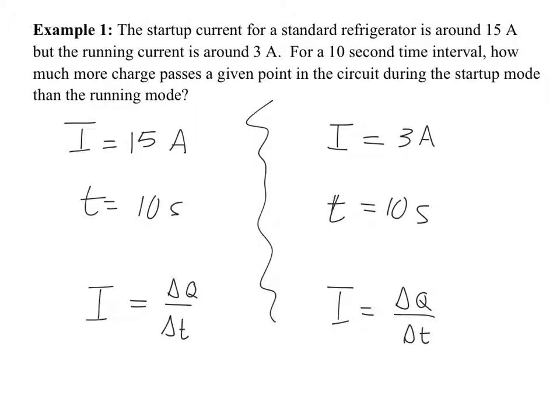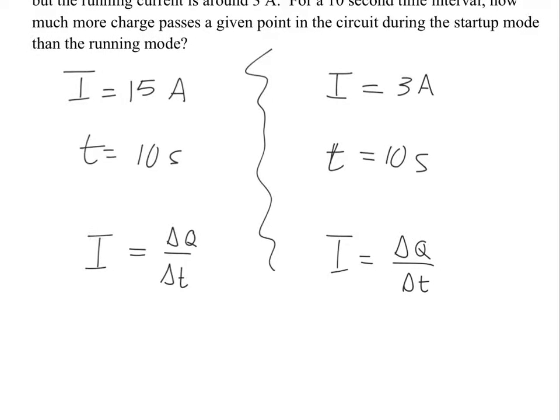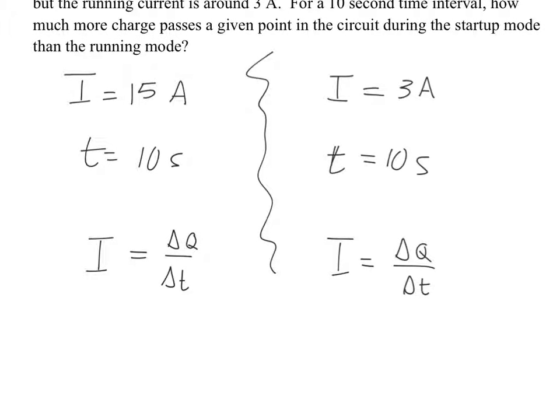Yeah, the only variable that's not known, obviously, but clearly because it says how much more charge passes a given point. So we're looking for delta Q. Multiply those 2 together, we're going to get 150. What are my units for Q? Coulombs.